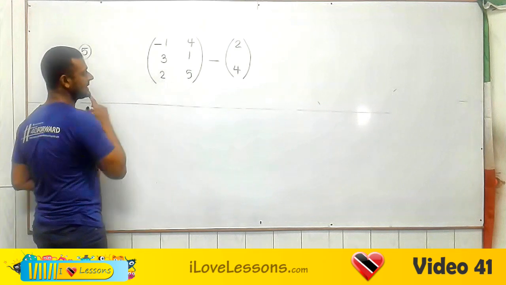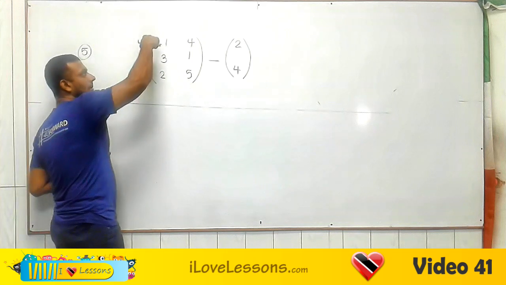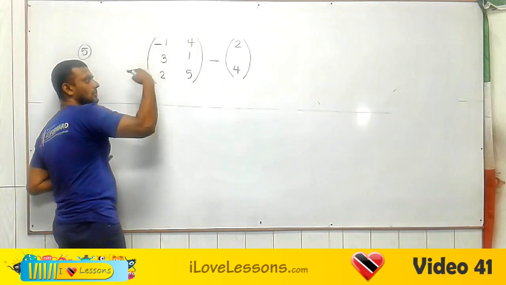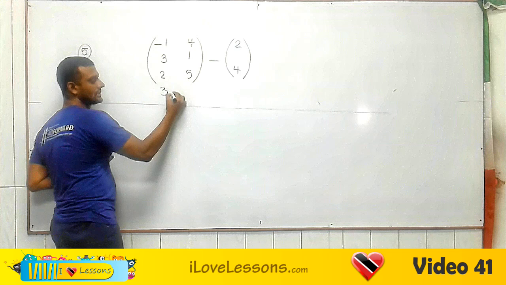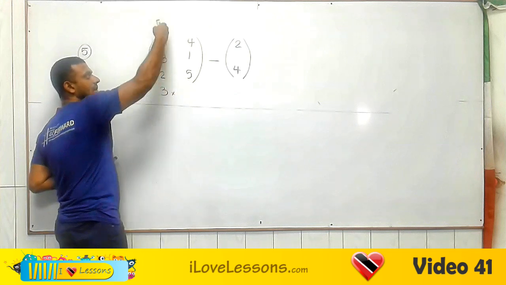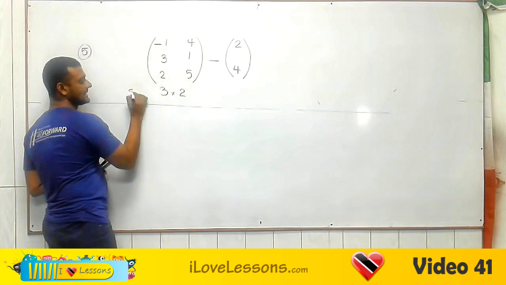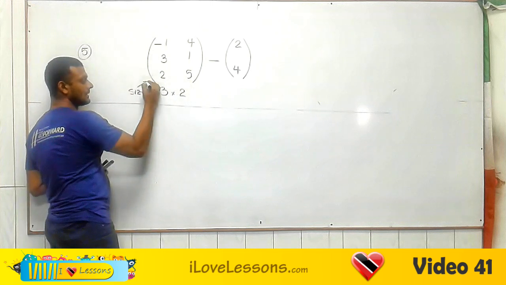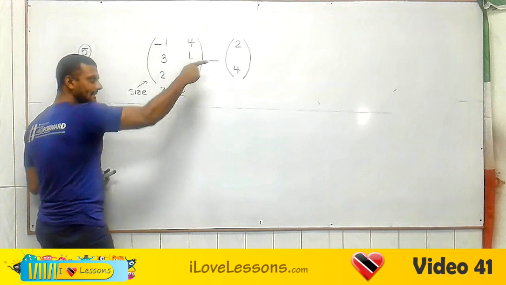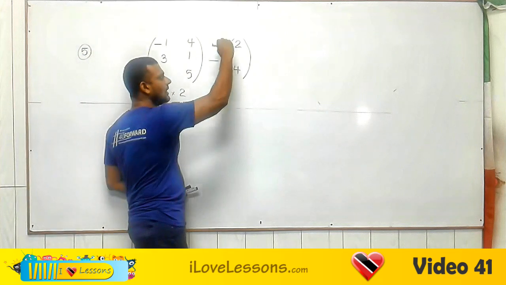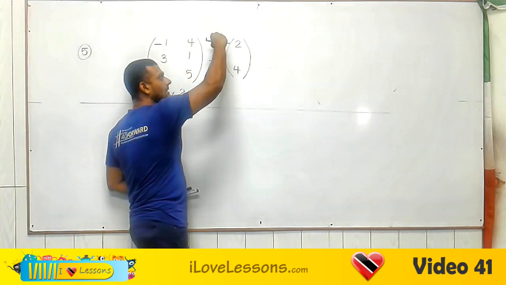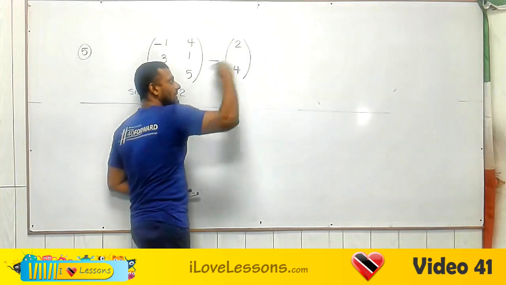What's the size of this matrix? How many rows does it have? 1, 2, 3. So the number of rows is 3. How many columns? 1, 2. So this is a 3 by 2 matrix. This matrix here, how many rows does it have? It has 2 short rows, 1, 2.